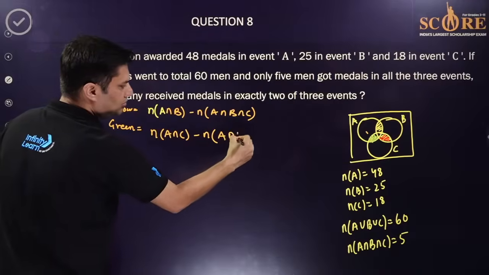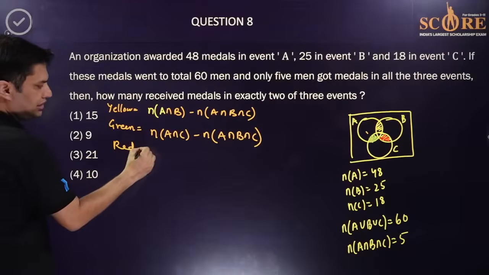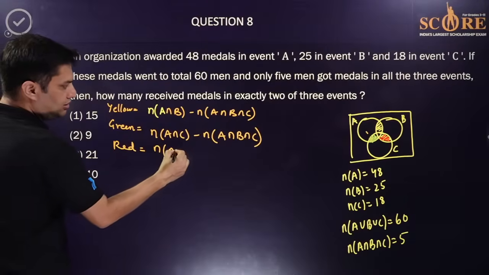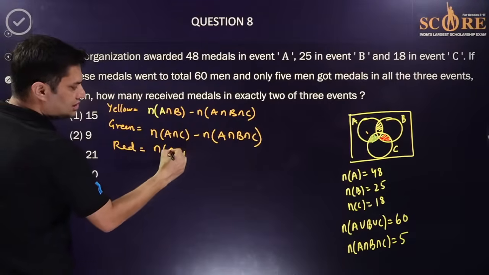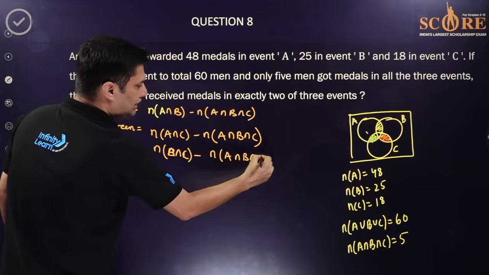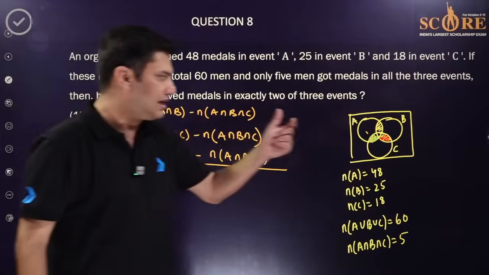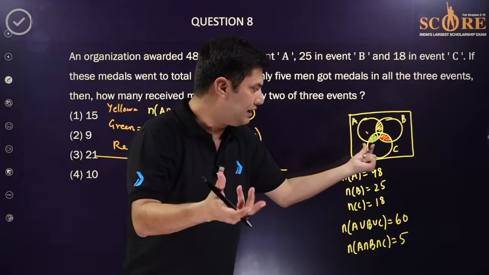This is perfect set theory. And last, the red region, which I have to add, is B intersection C minus this common part. Exactly 2 medals is if you add all these 3 numbers, because the medals are exactly either in AB or AC or BC.